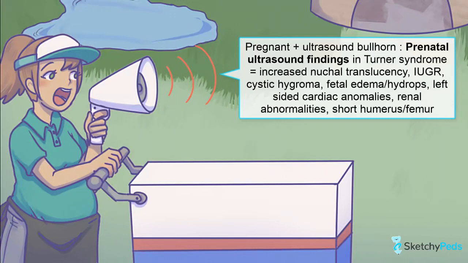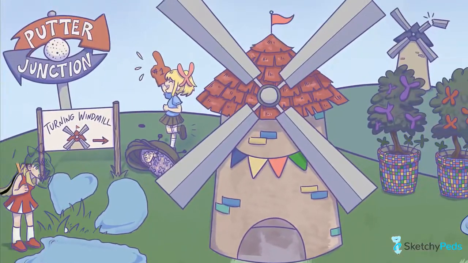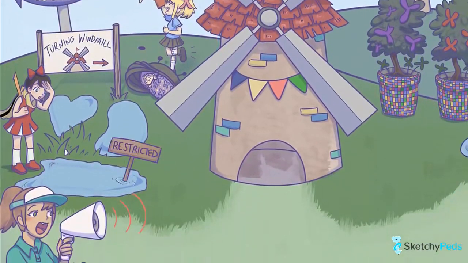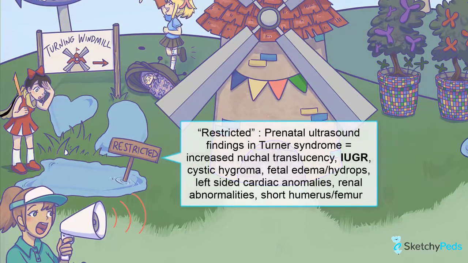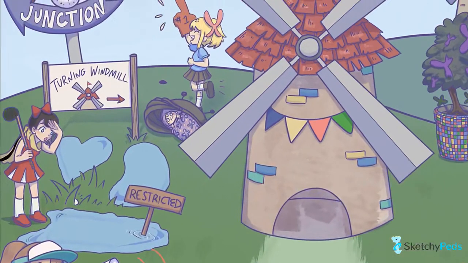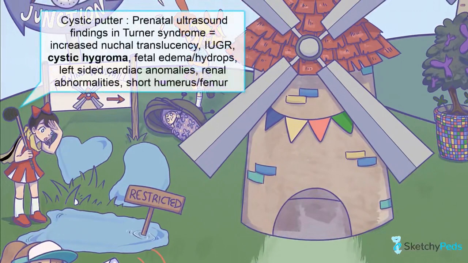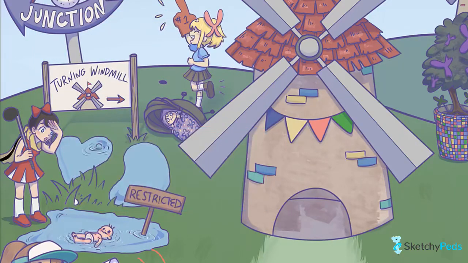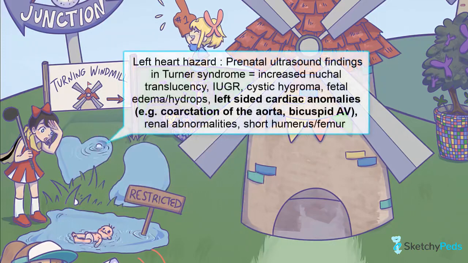Some of the prenatal ultrasound findings in Turner syndrome include increased nuchal translucency on first trimester ultrasound, represented by the thickened scarf at the back of this girl's neck, IUGR, depicted by the restricted sign in the water hazard over here, cystic hygroma, which is a fluid-filled sac generally caused by lymphatic buildup, often in the head or neck area, shown here by the rounded putter over the girl's shoulder, fetal hydrops, represented by the floating baby doll in the water hazard, and left-sided cardiac anomalies, including coarctation of the aorta and bicuspid aortic valve.